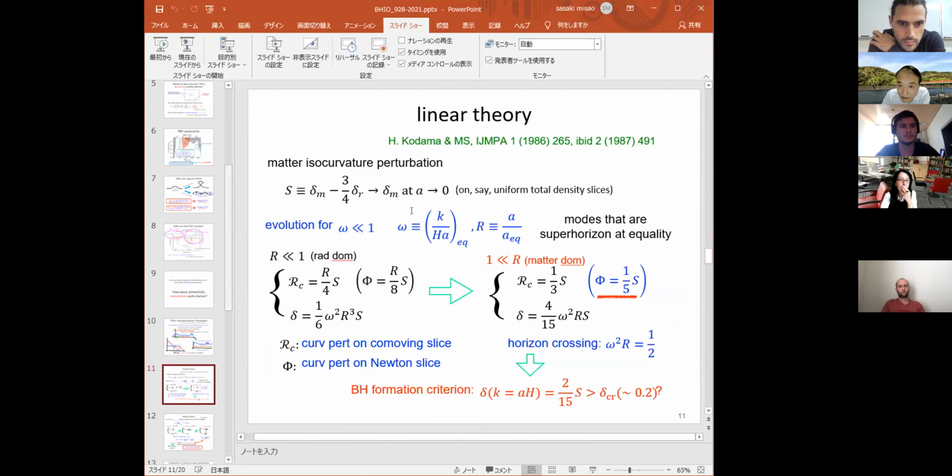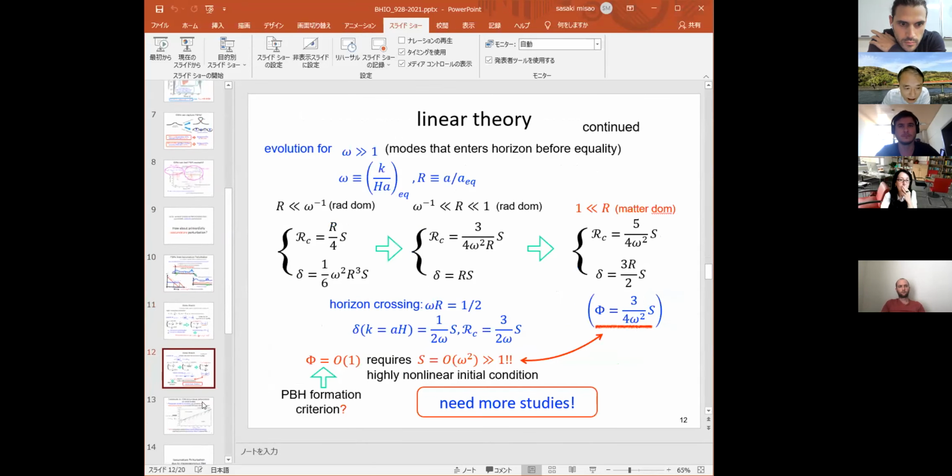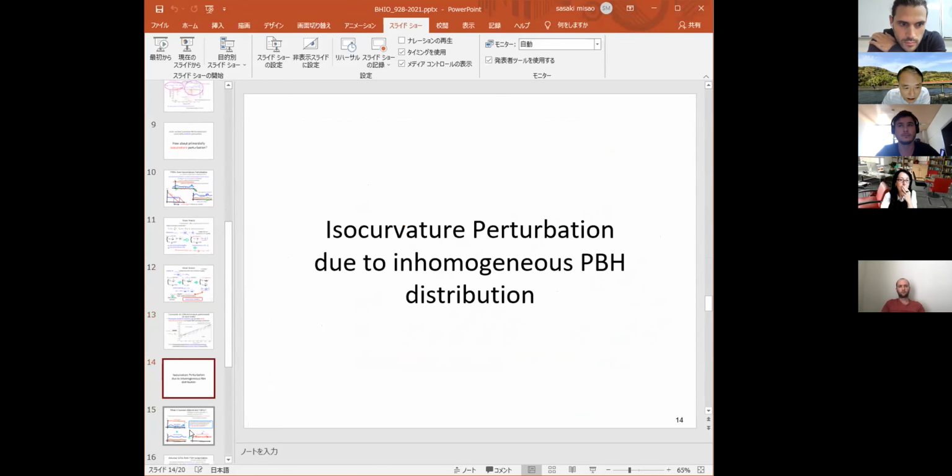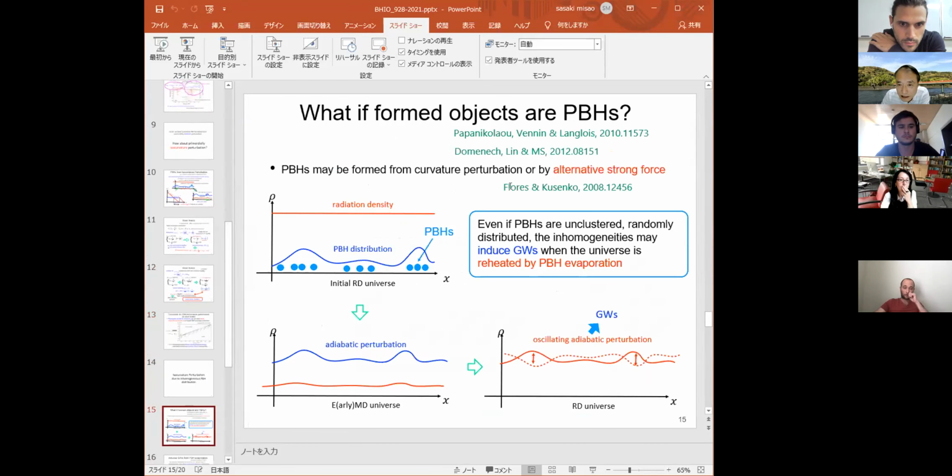By the way, maybe I have just shown one interesting paper by Flores and Kusenko about a year ago. They consider some alternative strong force, like a fifth force, which can be very, very strong. Of course, it cannot be the one which dominates our universe today, but it can affect the early universe physics.